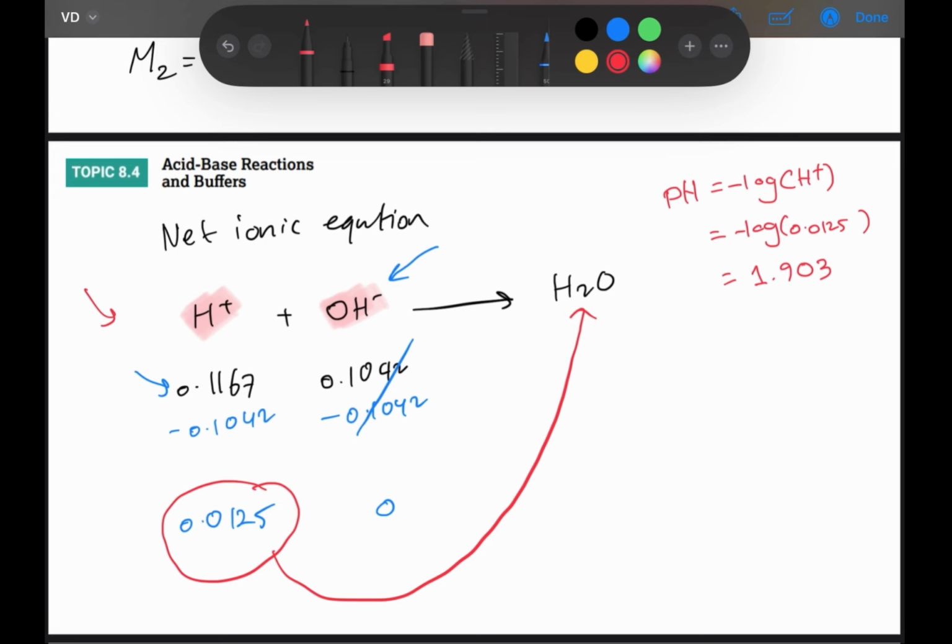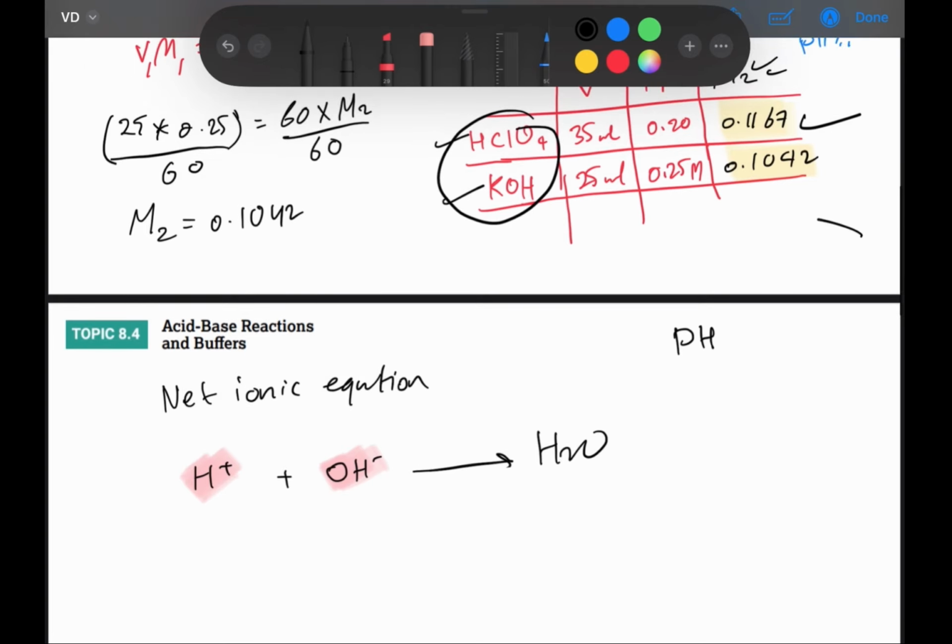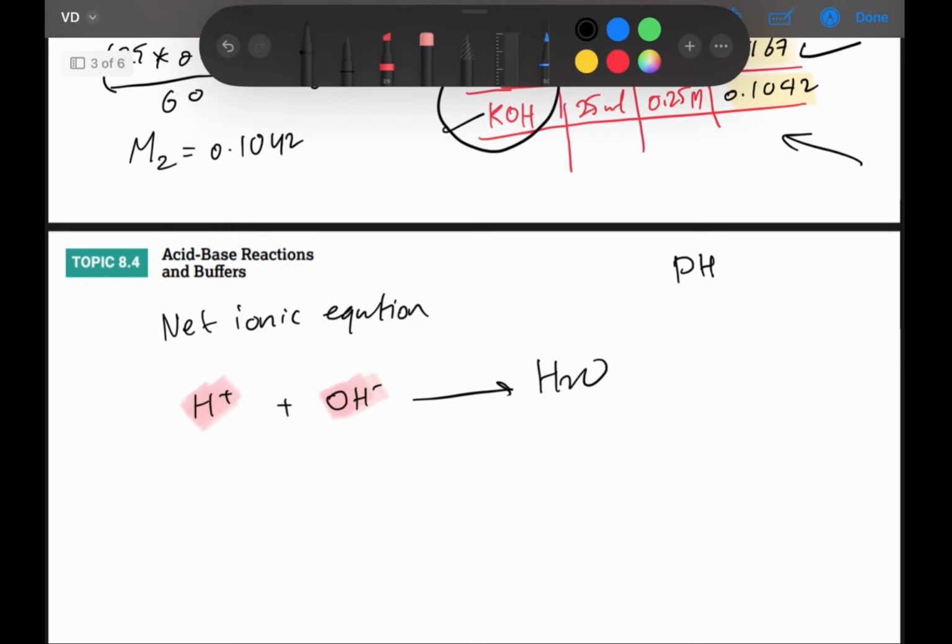Now, what if we have the reverse amounts of OH and H positive? What would the pH be? We're going to do the same procedure first. Suppose that we have 0.1042 for H positive, and for the OH it is 0.1167. At that point, what is the limiting reactant? It's H positive.